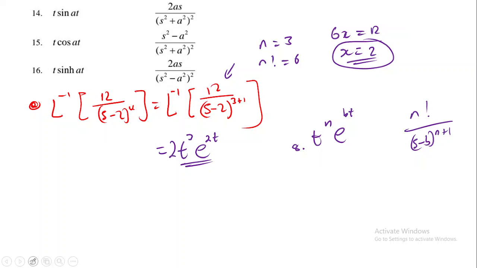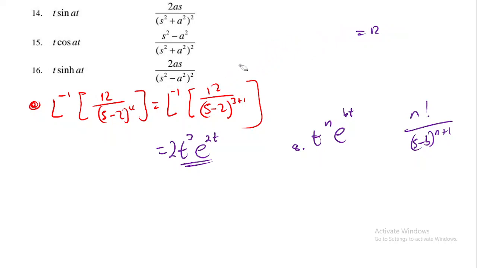Okay, to re-explain this, let me just erase this whole thing here. I can say we're having the Laplace inverse of this whole thing, right? So we need to take the Laplace inverse of this whole thing. To do that, we're going to use the table, right?